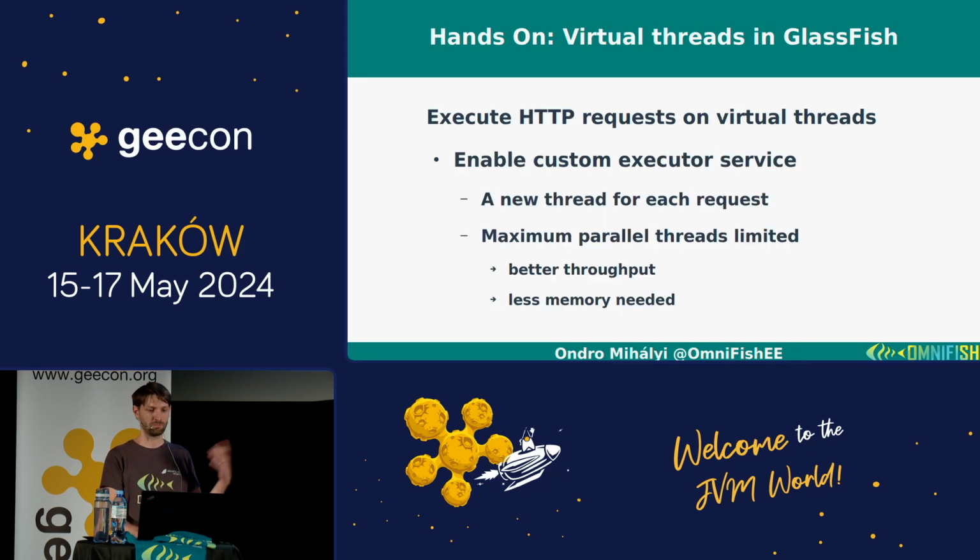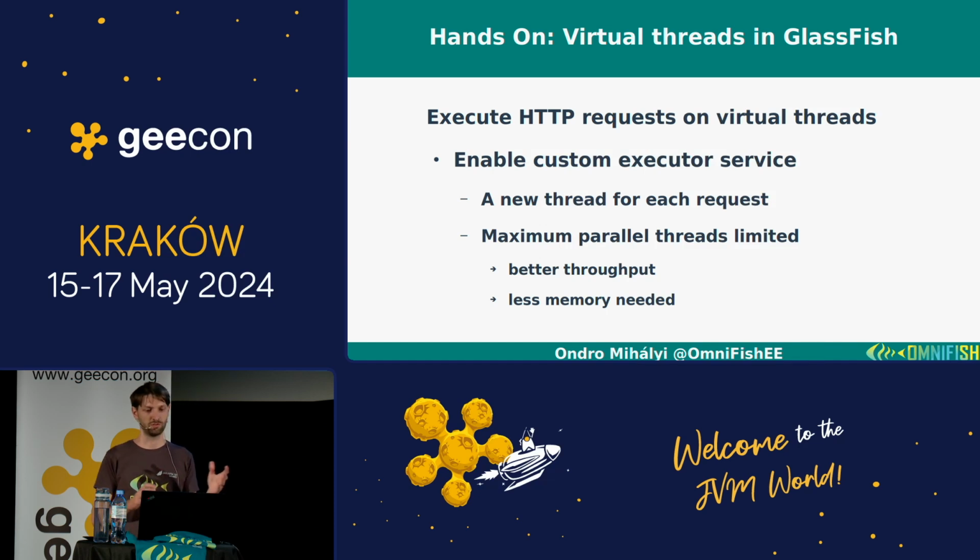So I'll come back a little bit. What we did in GlassFish is that we created a special executor service that replaces the default executor service in GlassFish, or concretely in the Grizzly HTTP stack. And with this, all incoming HTTP requests are executed on a servlet or a REST resource with virtual threads.